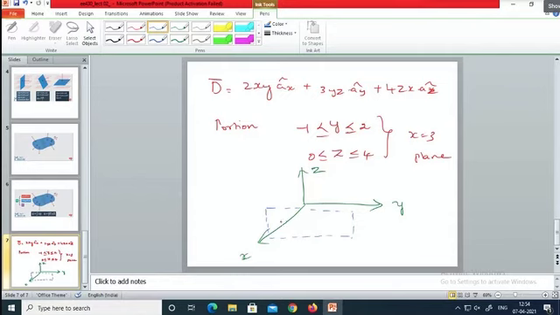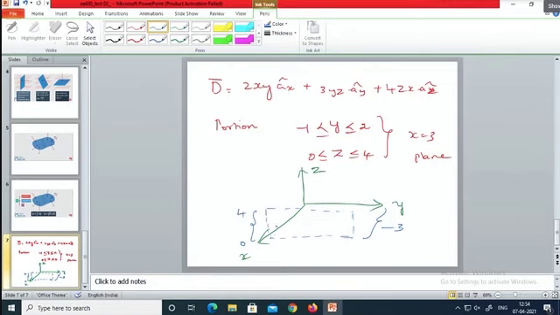Okay, so this is my plane, which is situated at x is equal to 3. This dimension I'll just write here. This dimension is 3. And the height is 0 to 4, so z is equal to 0 and z is equal to 4.